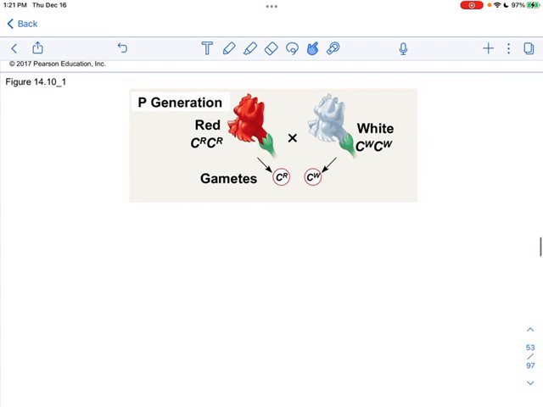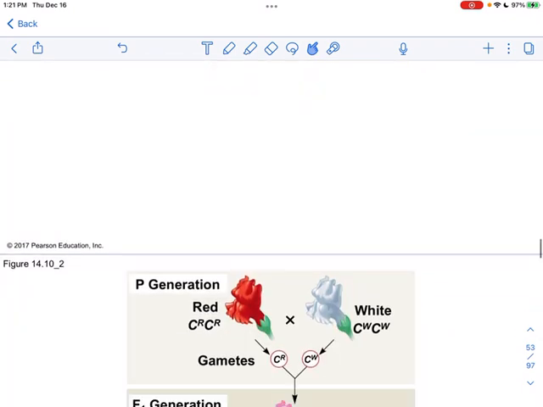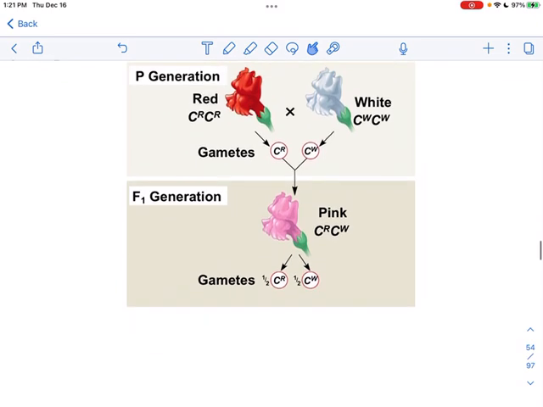So here's that example of our snapdragons. If we took that red snapdragon and crossed it with the white snapdragon, all of the F1 snapdragons end up looking pink because there's an intermediate. The dominant cannot completely hide the presence of the recessive allele, so we see this blend, this mix or this intermediate phenotype produced.